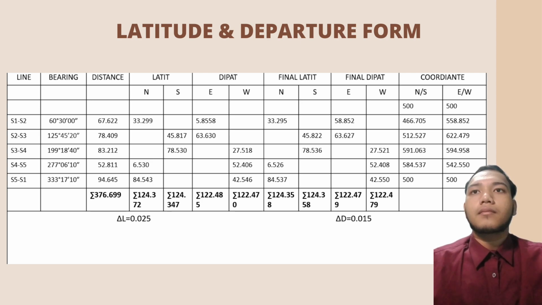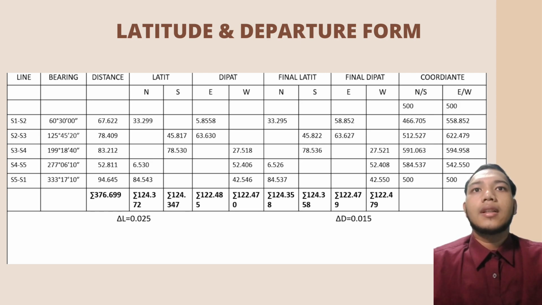At first we fill in the line column, bearing column, and distance column, and then also the latitude column and departure column. After we fill the form, we find how to calculate the final latitude and final departure.